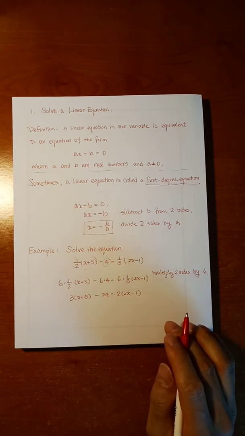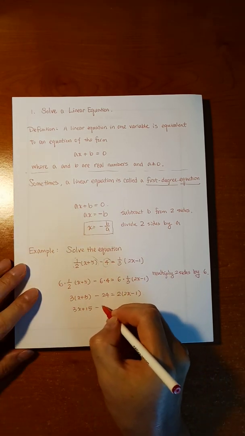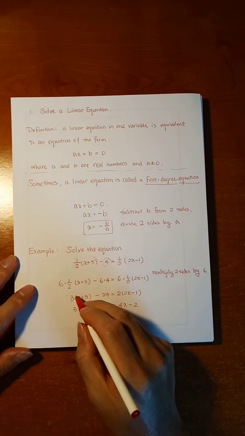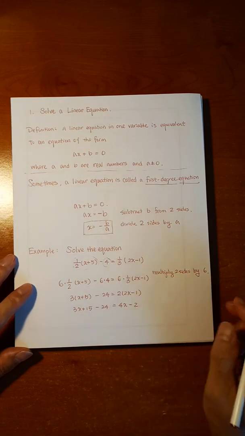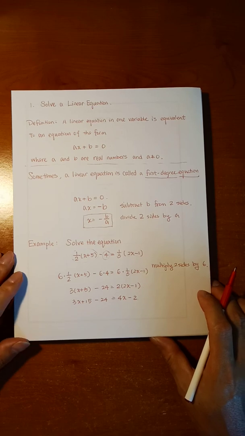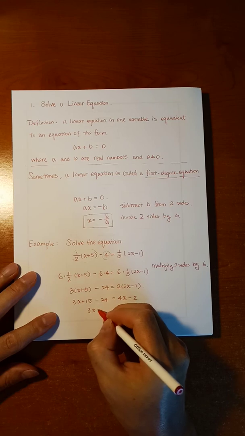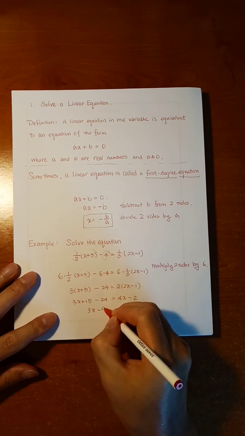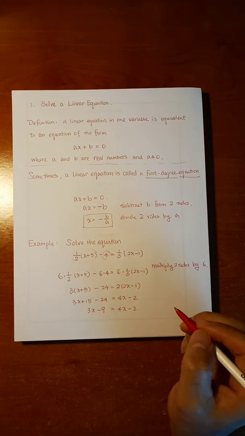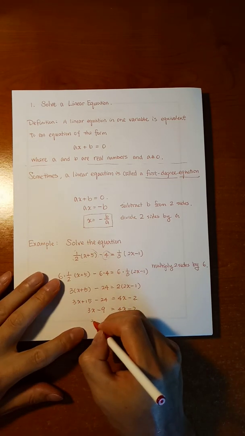And then you continue the simplification. You will get 3x plus 15 minus 24 is equal to 4x minus 2. Distribute 3 into the parentheses and distribute 2 into the parentheses also. And then let's continue the simplification. 15 minus 24 is minus 9, equal to 4x minus 2. We're going to move 4x to the left side, it becomes a minus.